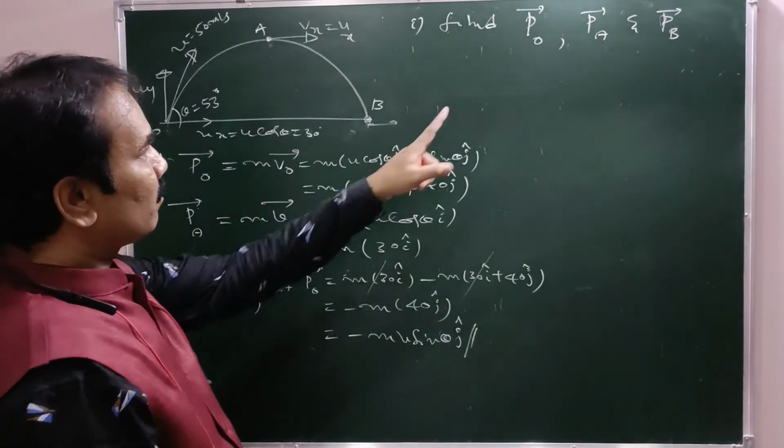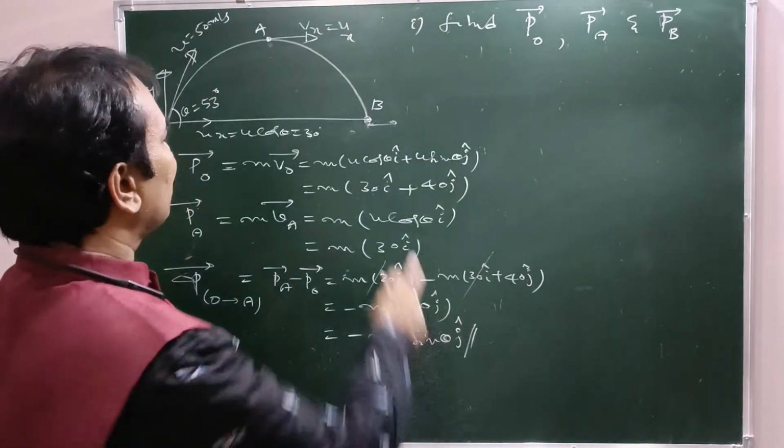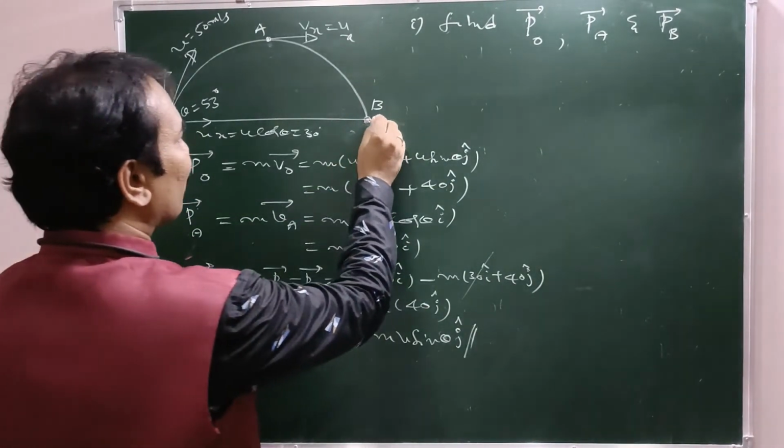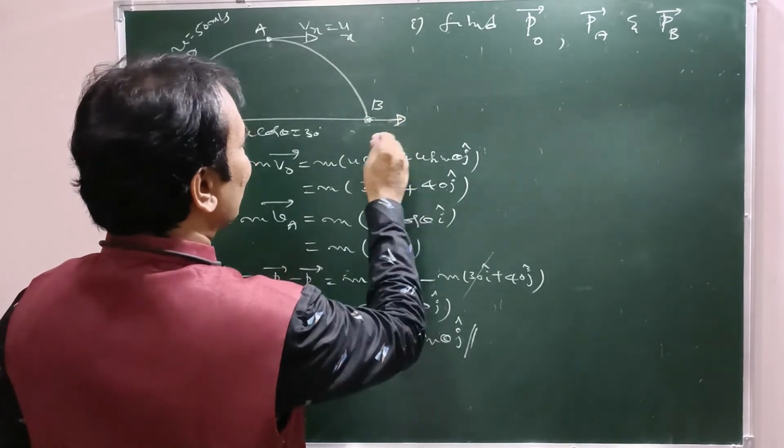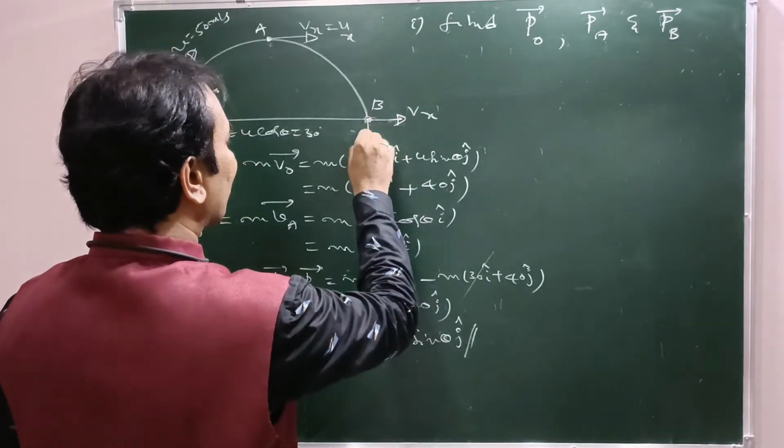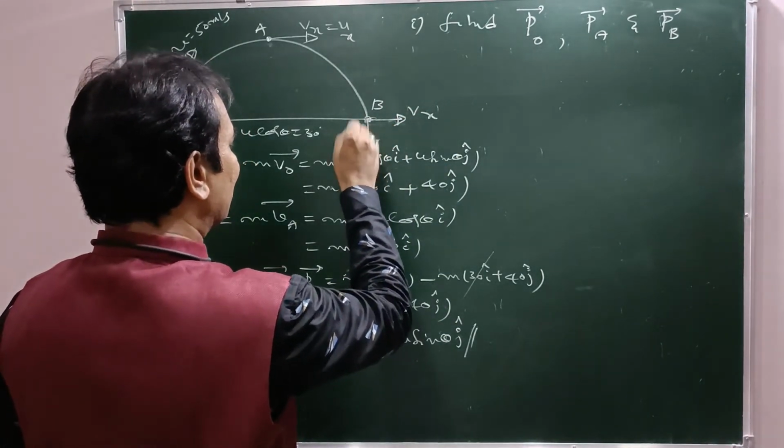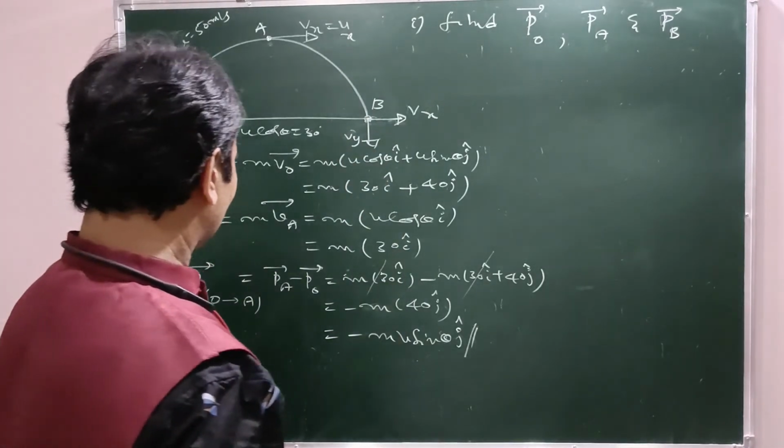Now coming to the momentum at B. Here the velocity at B is like that: Vx horizontal, Vy vertically downwards, right?